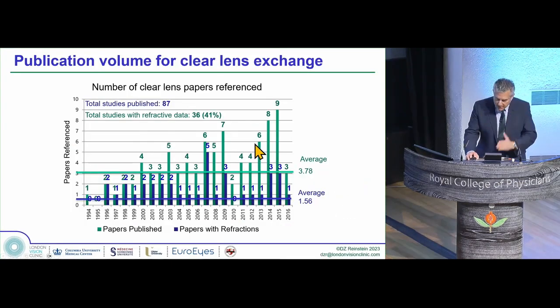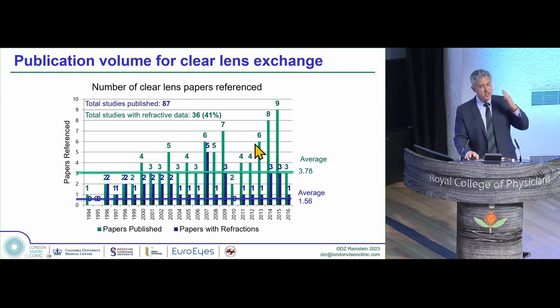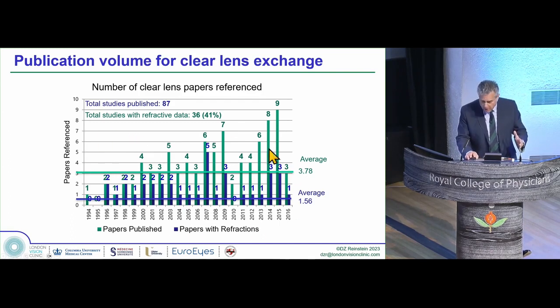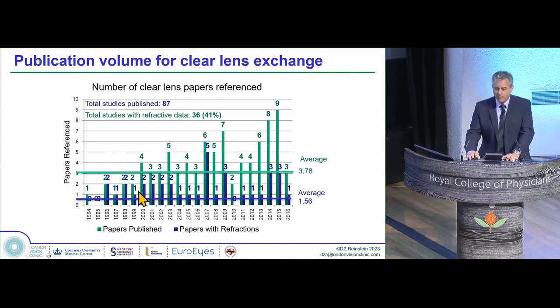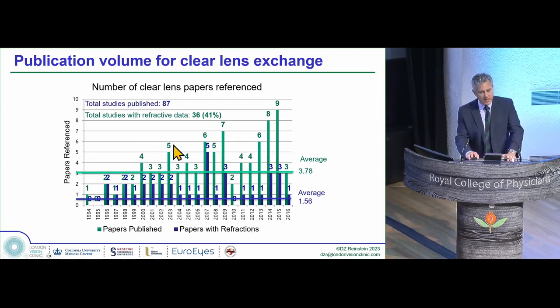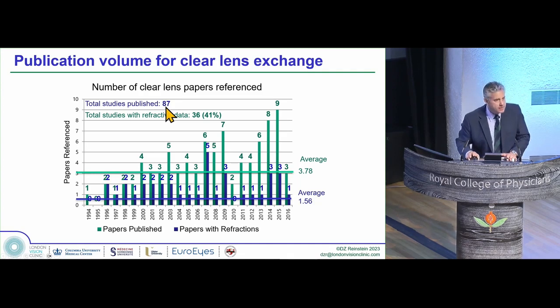And if we look at the clear lens exchange review, what is shocking about this peer-reviewed literature is that out of all of the 87 studies that pretended to be refractive surgery science on clear lens exchange, only 36 of the 87 had refractive data in the paper.